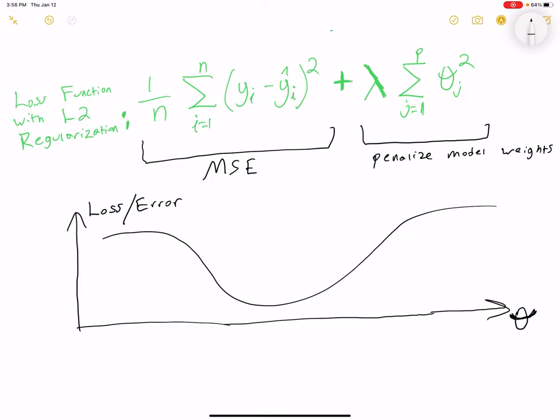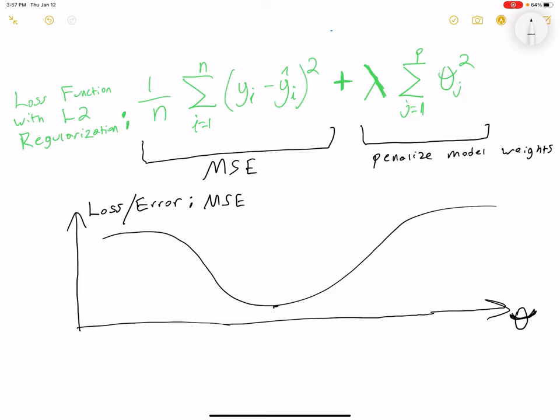I think we drew this out last class too, where we're trying to find this point here with the minimum parameter value. So our goal with regular MSE is to minimize, let's even call this MSE. This is literally a plot of the mean squared error with respect to different values of the learned parameters of the model.